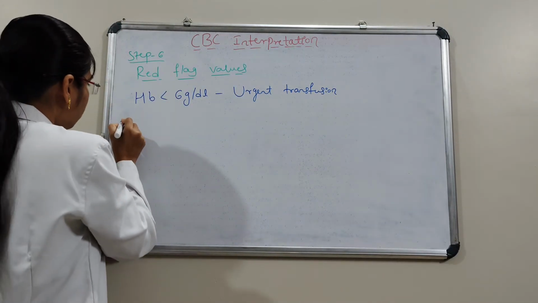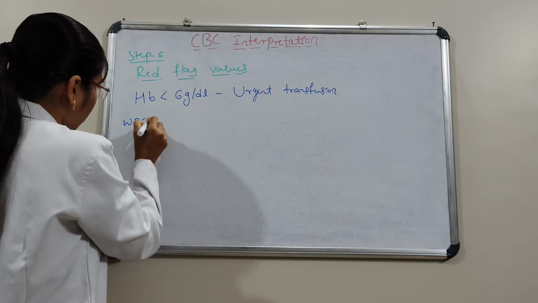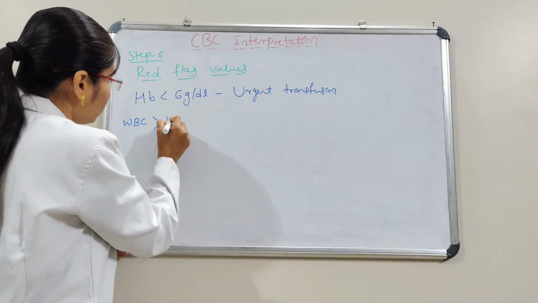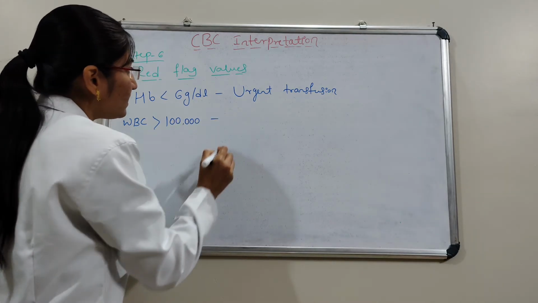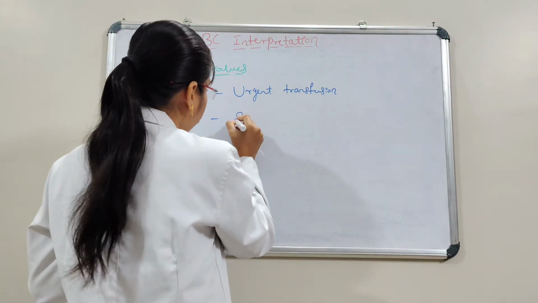Next comes the WBC. WBC more than 1 lakh, then suspect leukemia.